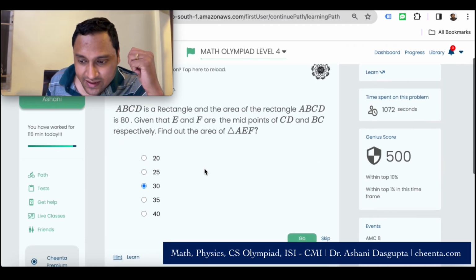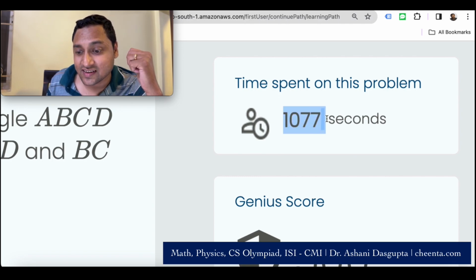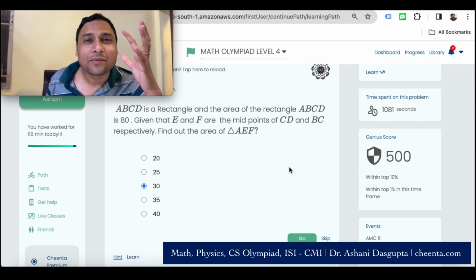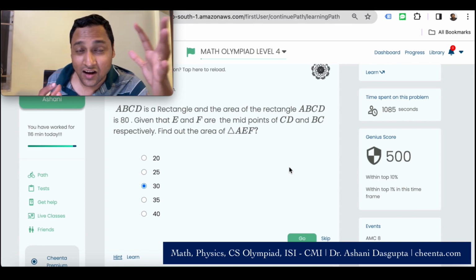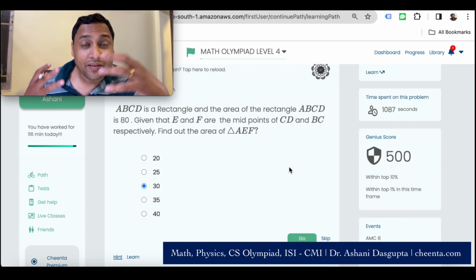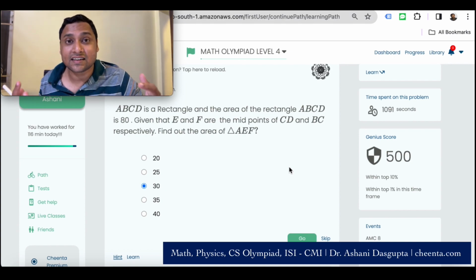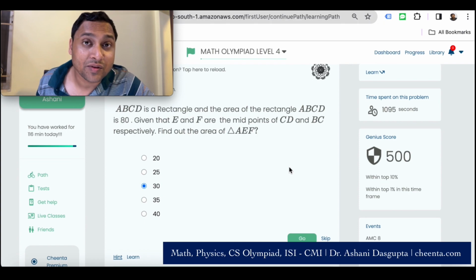Okay, so it's 30, and I see that I have spent 1076 seconds on this problem. So, well, the software actually notes all of these things, how much time I have taken, whether I have actually seen this hint or not. All this data is used to understand and adapt the system with the user.